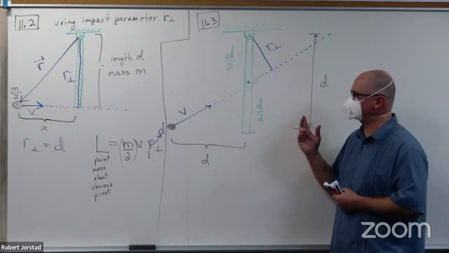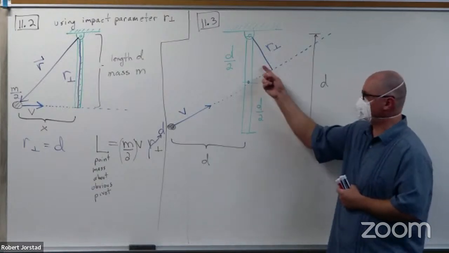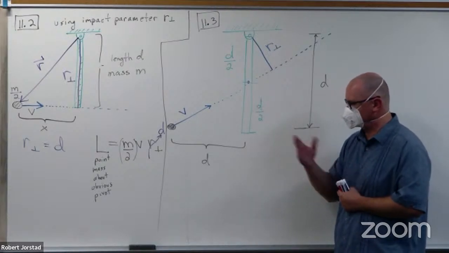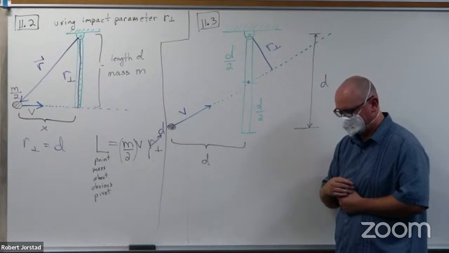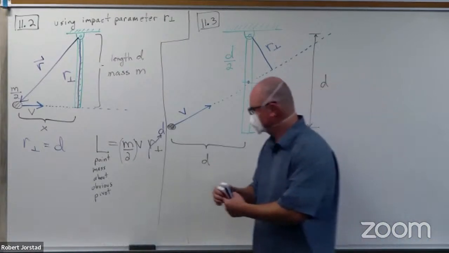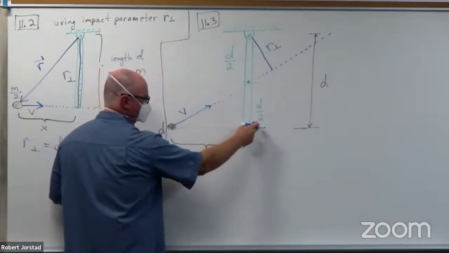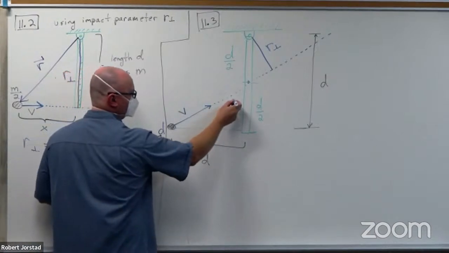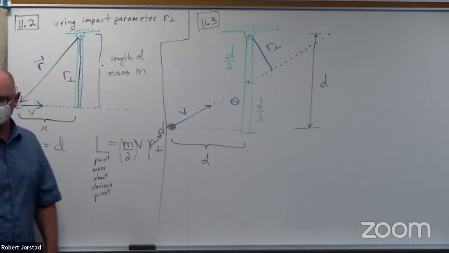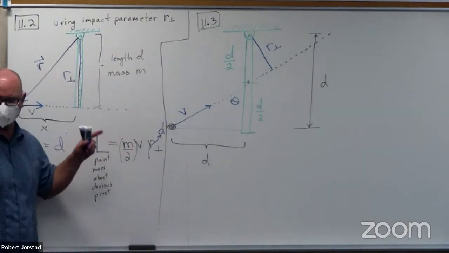Which one of these triangles is going to be useful for starting the problem? The top one or the bottom one? Why? What can you get from the bottom one? Angles, if you needed it, right? We know this side, we know this side. Could you get this angle right here? What would you have to use? SOH, CAH, or TOA?